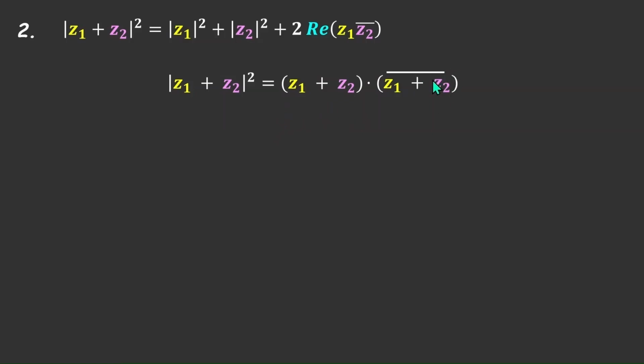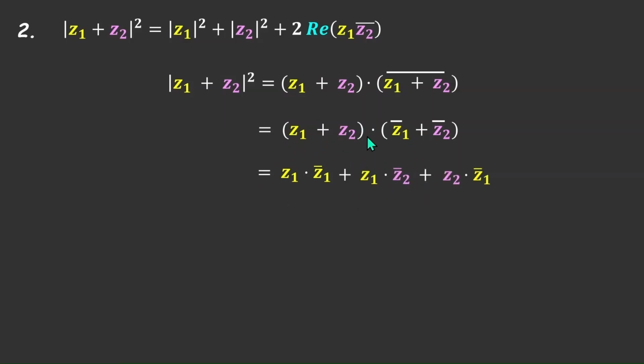And now conjugate is distributive on addition. So we can write this as Z1 plus Z2 into Z1 conjugate plus Z2 conjugate. Now if you multiply it, we get Z1 into Z1 conjugate plus Z1 into Z2 conjugate plus Z2 into Z1 conjugate plus Z2 into Z2 conjugate.